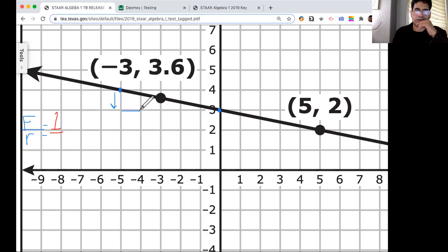We're going to go 1, 2, 3, 4, 5. Oh, by the way, that's not a 1. We fell down in the negative direction, so that's actually a negative 1. And we did 1, 2, 3, 4, 5. We always run to the right. And we ran 5. So that's negative 1 over 5.